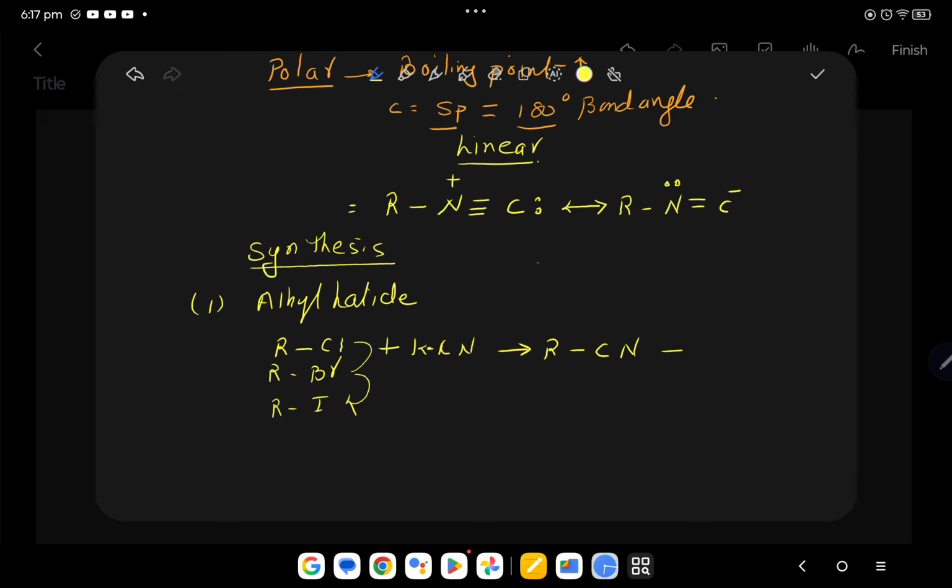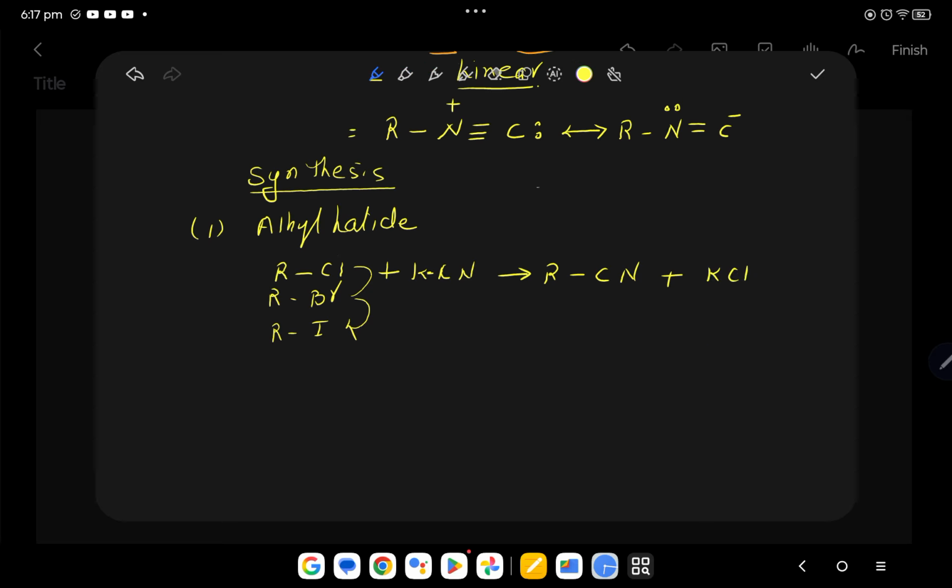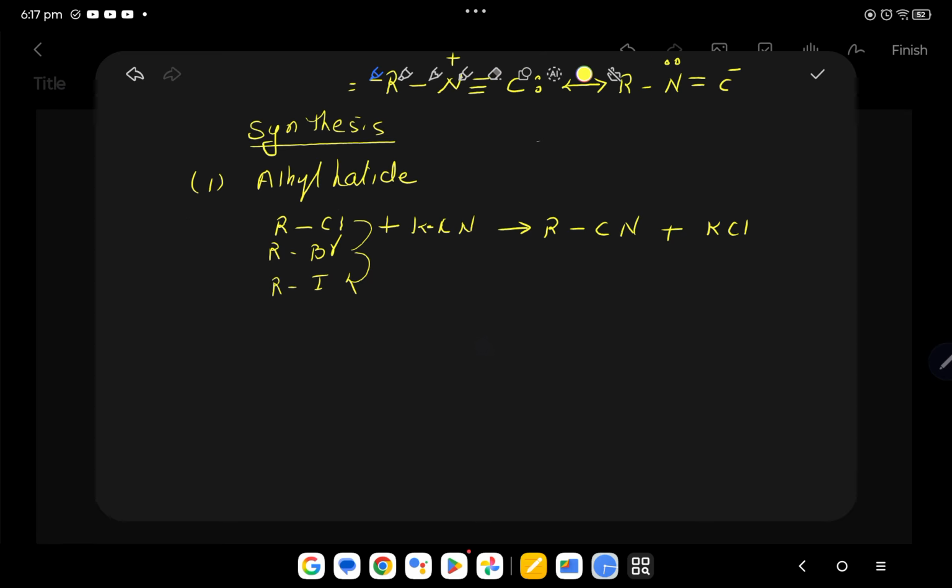So chlorine, bromine, iodine are able to leave, as the RCl bond is weaker and RCN is a stronger bond. That is why their boiling points are a little higher as compared to alkyl halides. Correct? So KCl will be formed, and similarly KBr and KI. So this is about the synthesis from the alkyl halide.